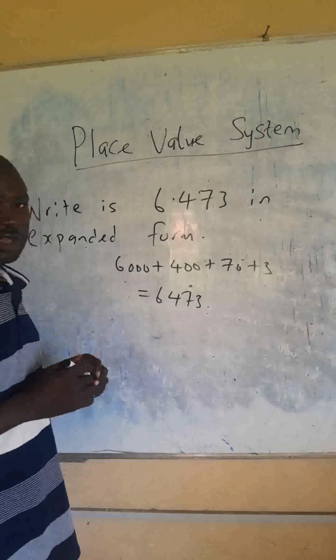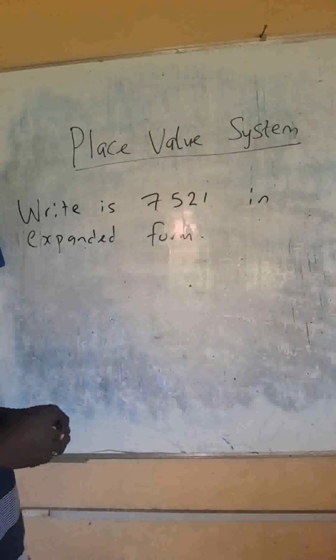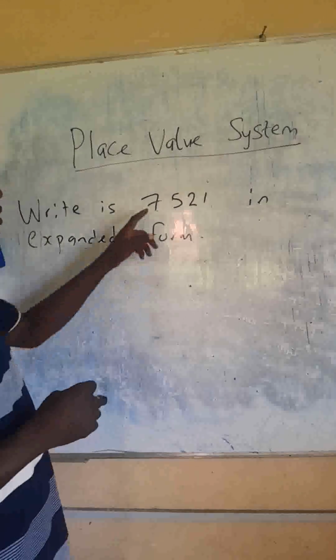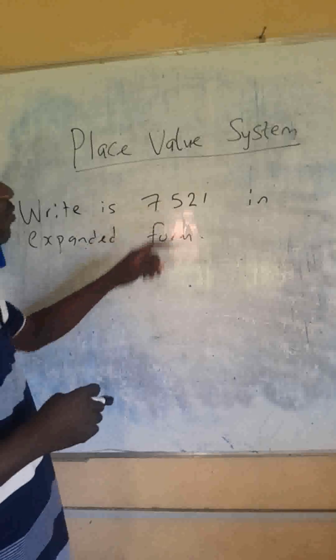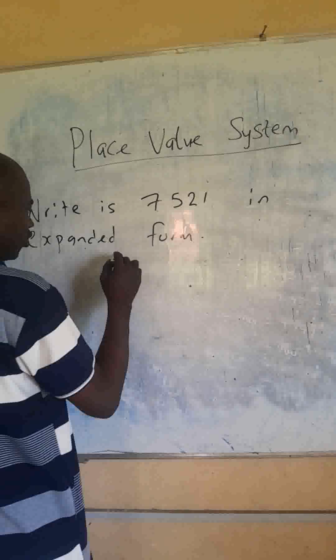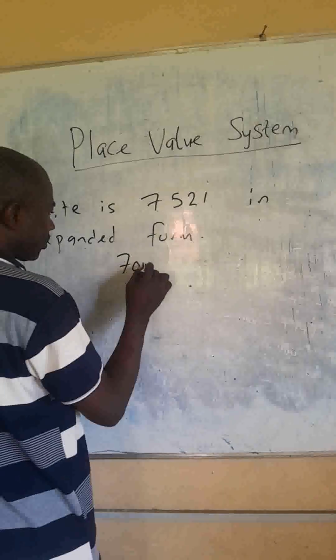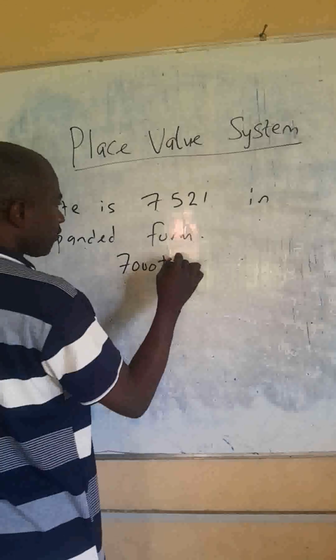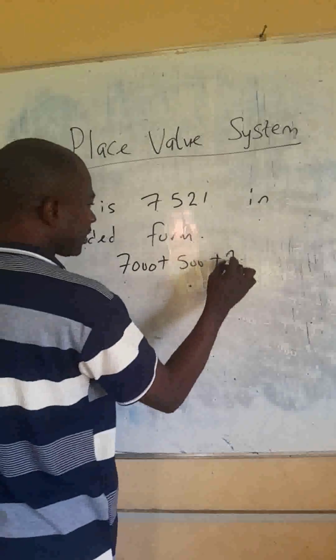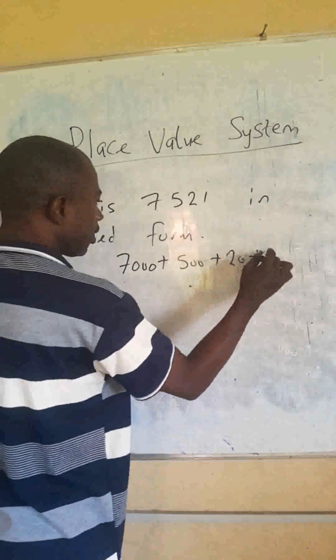So let's take another example. Write 7,521 in expanded form. Again, this one becomes 7,000 plus 500 plus 20, then plus 1.